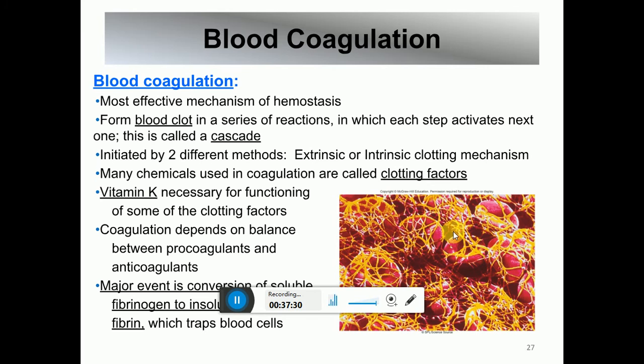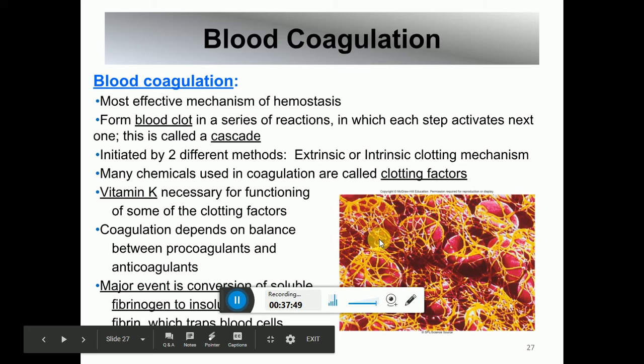A lot of proteins are involved, and all of these proteins are known as clotting factors. Two different things we need for a blood clot to be formed are vitamin K and calcium. The major event that happens in a blood clot is fibrinogen changing into fibrin, leading to the trapping of these cells.